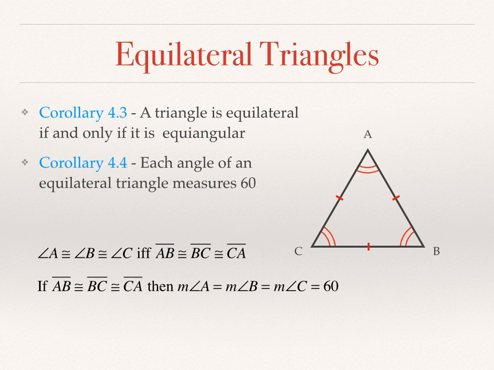Remember, the only reason we bother to say that an equilateral triangle is a special case of an isosceles triangle is so we can say every rule that applies to isosceles triangles also applies to this. So that's why we bother to go through that.